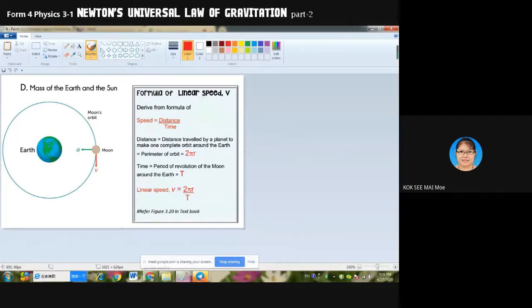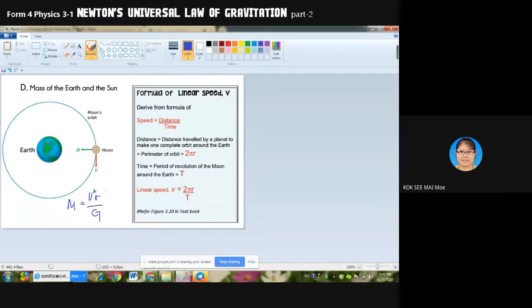This is one of the formulas. Later we need to relate it. Just now you found the mass. The formula is V squared R over G. So from here, we need to take out some physical quantity.